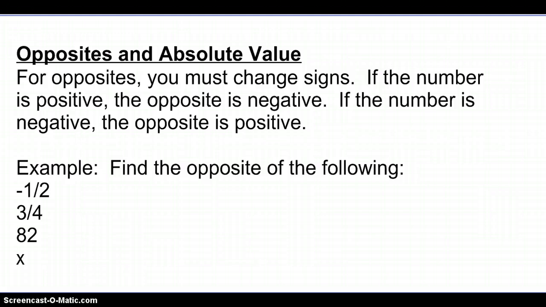Now, what usually trips people up is variables. Variables work exactly the same way as numbers. So the opposite of x would be negative x. Right? You have to understand that, negative x. I'll write that on here. You can read this as negative x or the opposite of x. I usually read it as the opposite of x, and I'll tell you why. Because sometimes the number that represents x is negative. Think about that for a second.